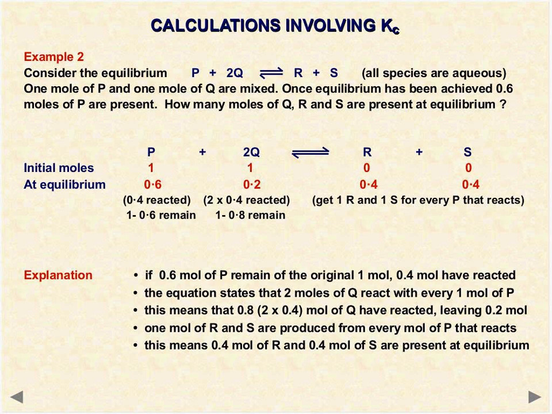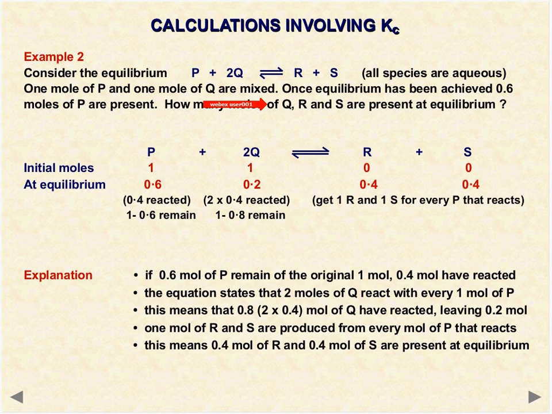Example. Now in this case, this is the balanced equation. We have P plus 2Q giving R plus S. Initially there is 1 mole of P and 1 mole of Q. It is all given in the question: 1 mole of P and 1 mole of Q are mixed.